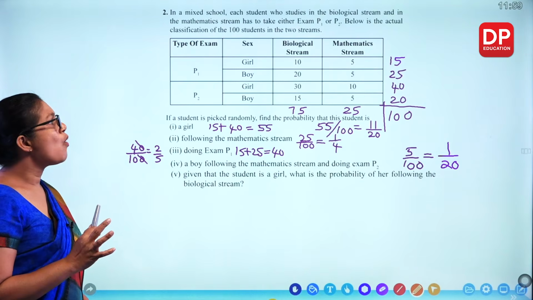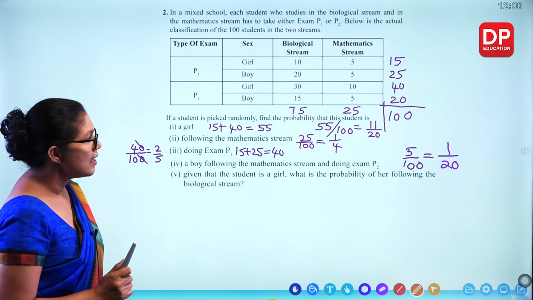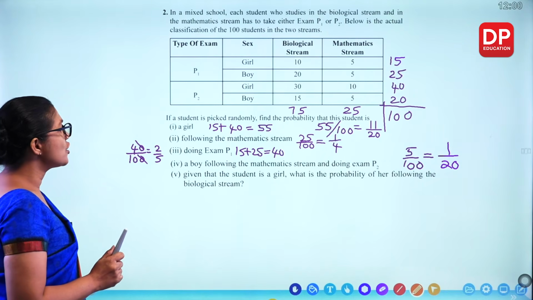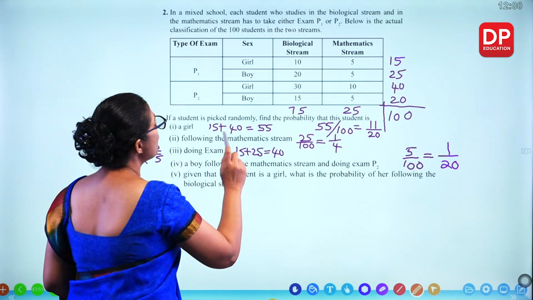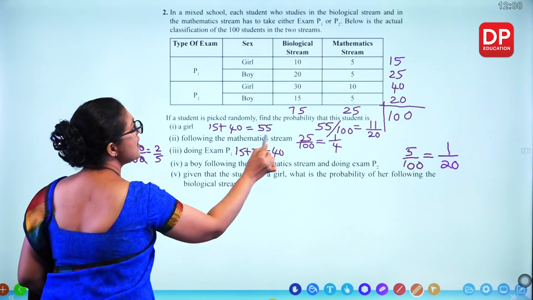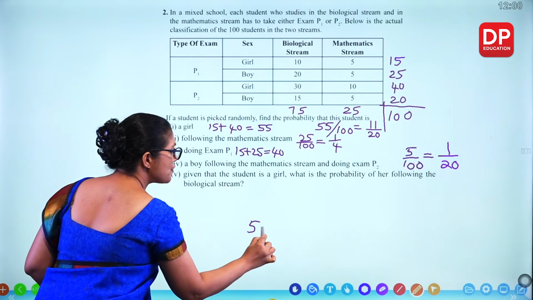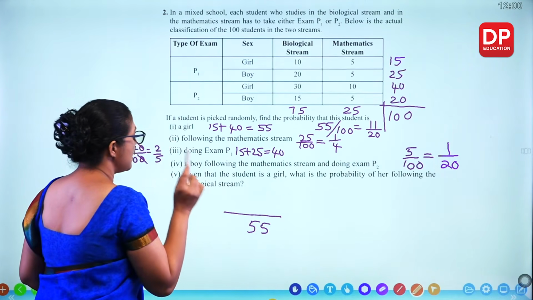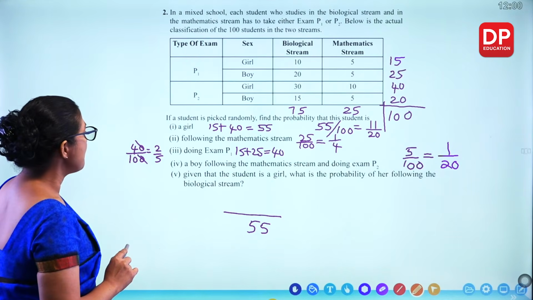Last part. Given that the student is a girl, out of girls, what is the probability of her following the biological stream? So out of girls, 40 and 15 altogether, 55 girls are there. So out of 55 girls, how many are in the biological stream?